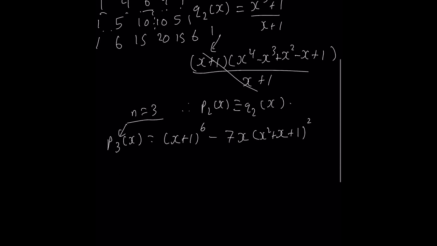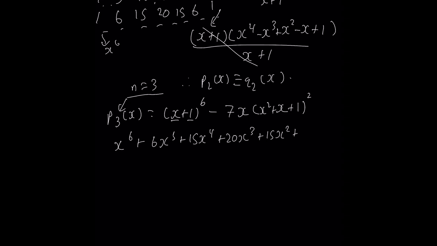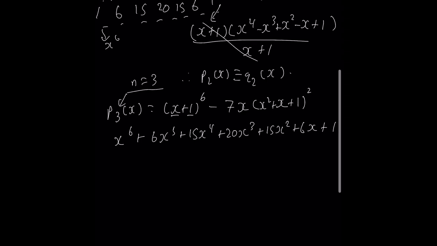Because this is just x and this is 1, we don't actually have to do a hard binomial expansion. So this is the x to the 6 term: x to the 6 plus 6x to the 5 plus 15x to the 4 plus 20x cubed plus 15x squared plus 6x plus 1. So that's that bracket done.